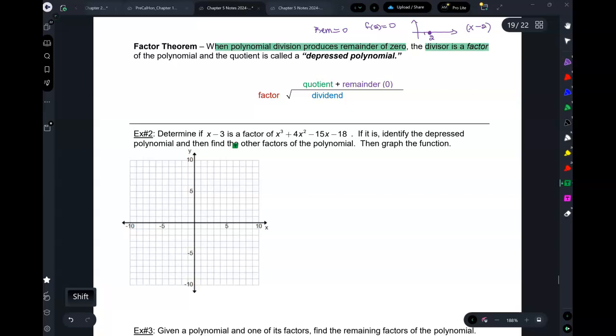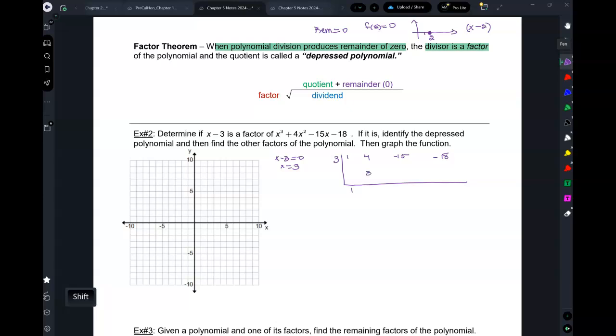So let's take a look here. Determine if x minus 3 is a factor of this. Is x minus 3 a factor? So x minus 3 equals 0, x equals 3. And let's see, 1, 4, negative 15, negative 18. 1 comes down, 3, 7, 21, 6, 18, 0.